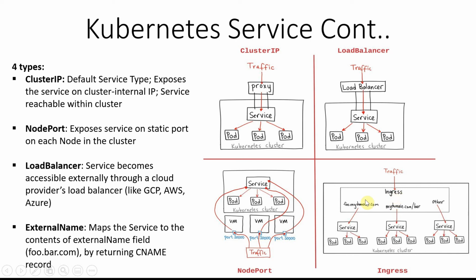For example, foo.mydomain.com is routed to this service, mydomain.com is routed to this service, and others to this service. So likewise, if you have a specific domain URL-specific value, then you can use ingress. So these are the various traffic patterns that are commonly used in Kubernetes.